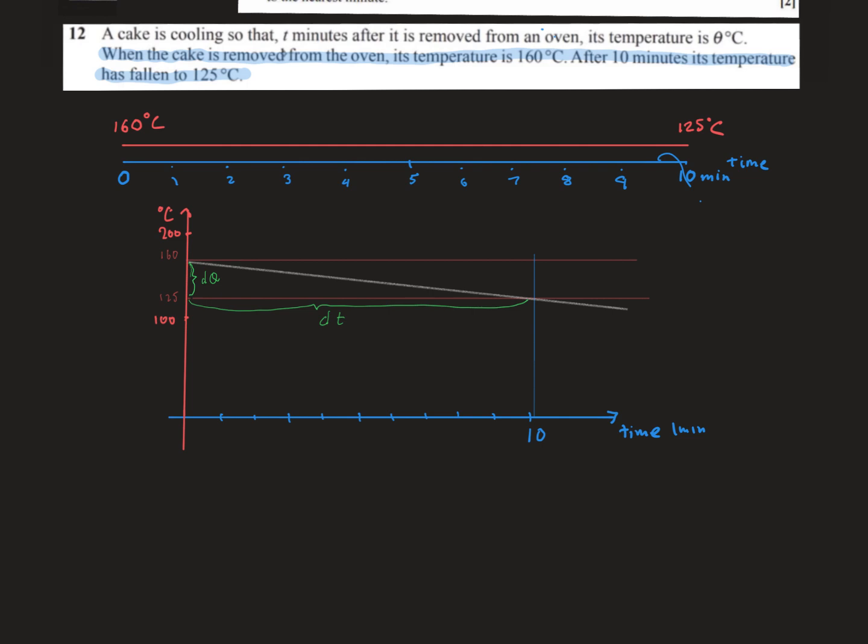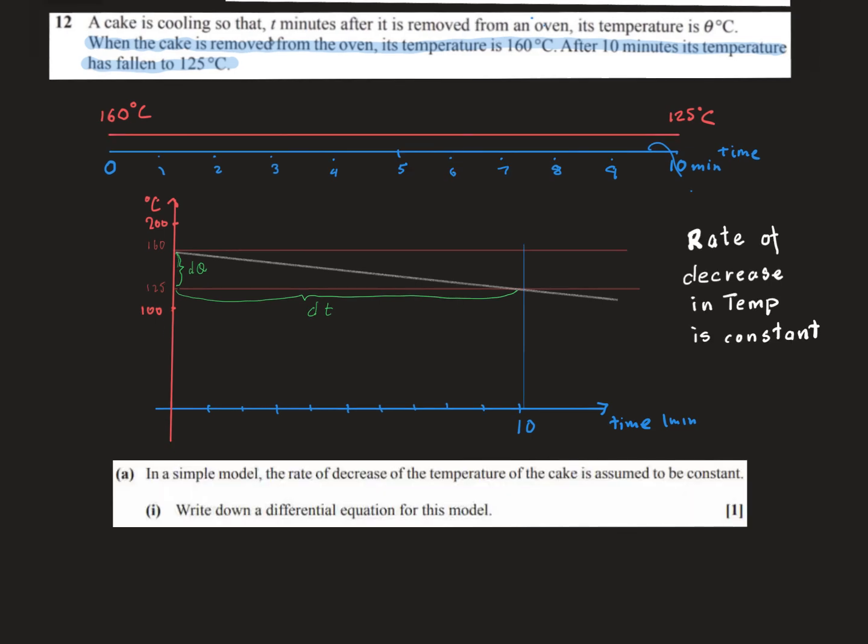Did you notice that the rate of decrease of temperature therefore is constant? Now this is just a model, a very simple model, and they tell you that the rate of decrease of the temperature of the cake is assumed to be constant.